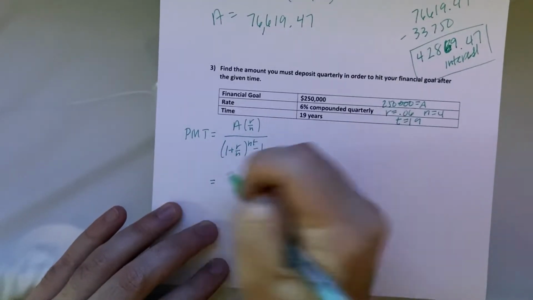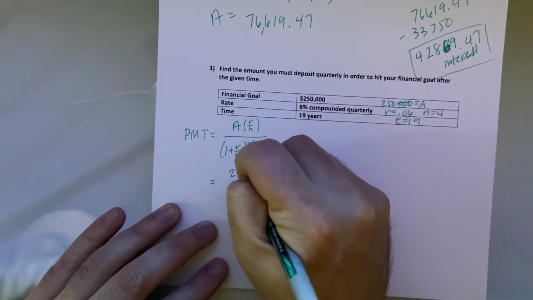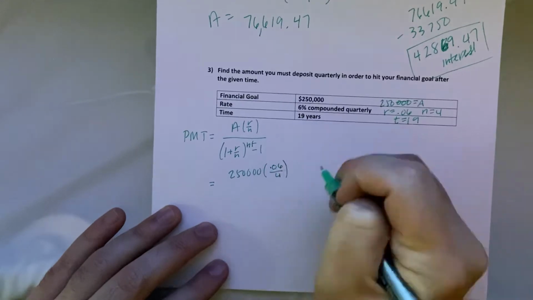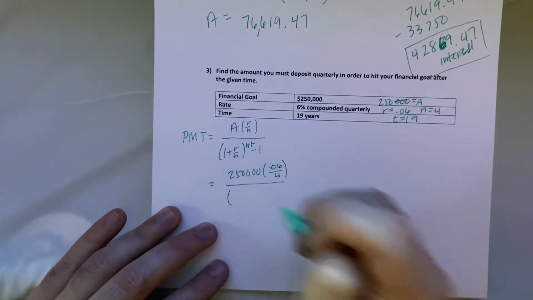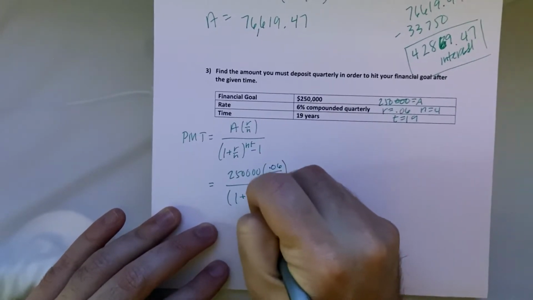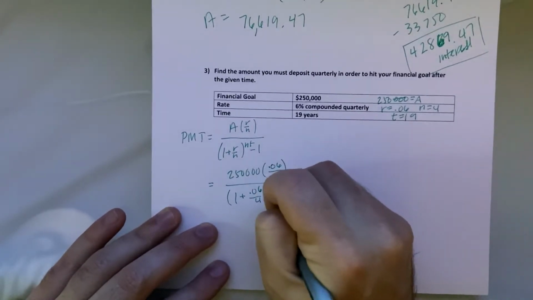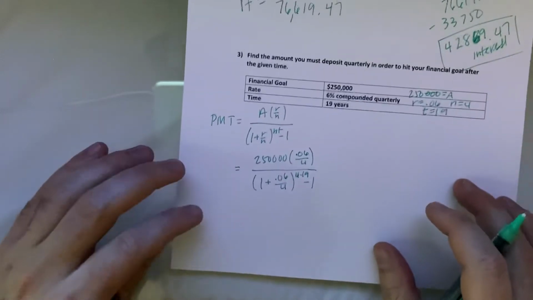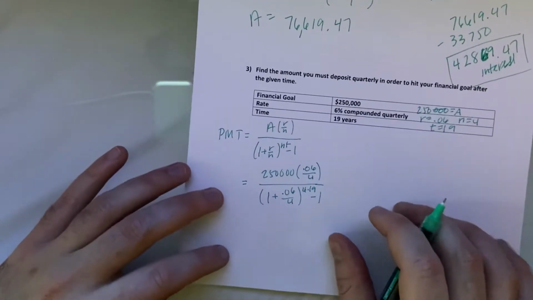So you've got 250,000 times 0.06 over 4 divided by 1 plus 0.06 over 4 to the 4 times 19 minus 1. And again, just like this one, where you put the parentheses is important.